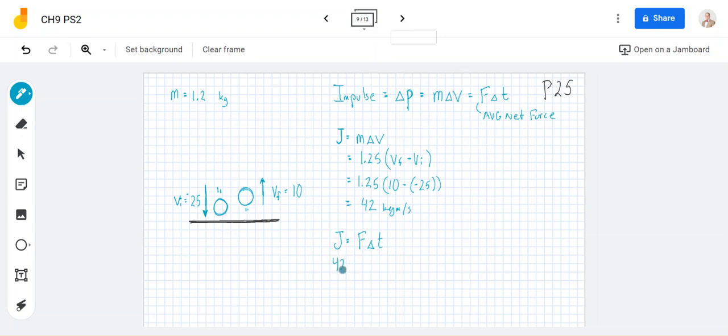If the impulse is 42, the force from the floor, and this is 0.02, we can calculate the force directly. Force is equal to 2,100 newtons.